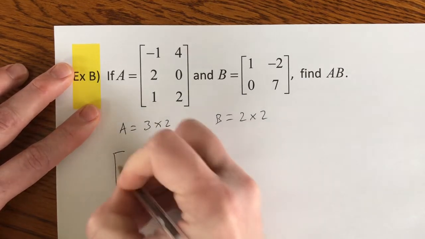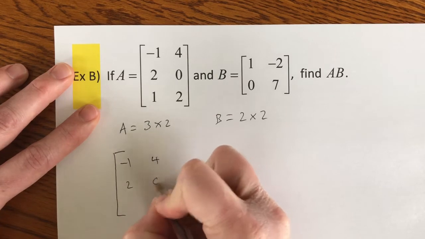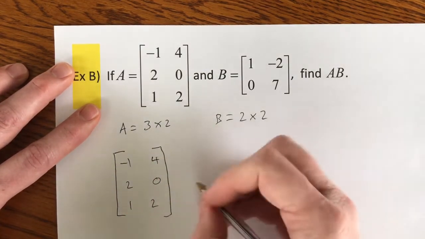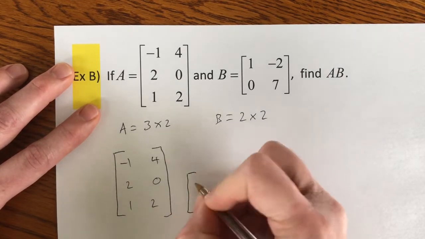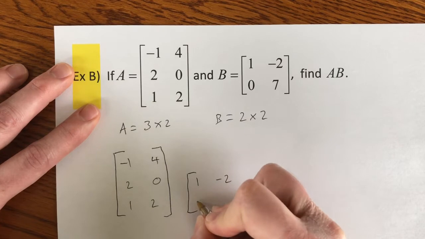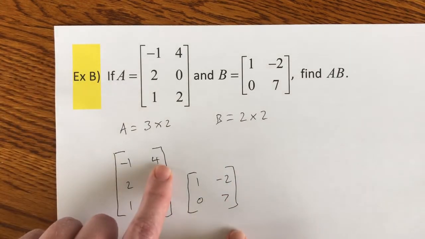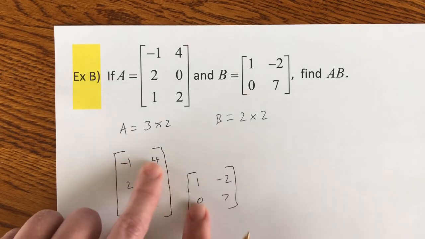I'm going to rewrite the entries here in matrix A, and I'm going to put the entries of matrix B right next to it. All right, so what we're going to do is go row by column, row by column.